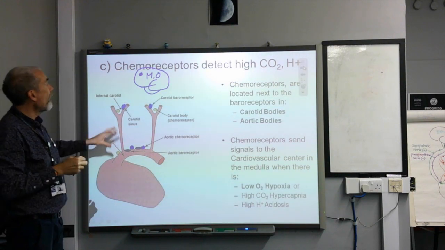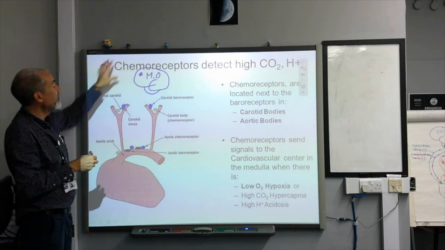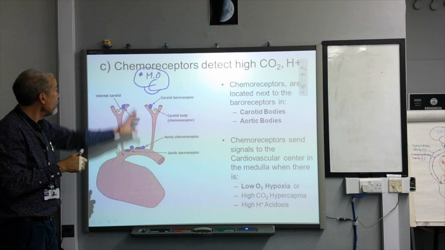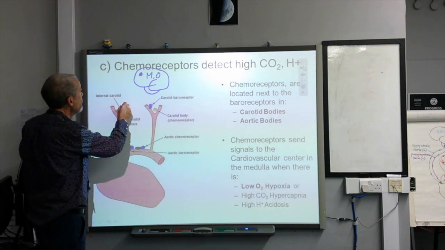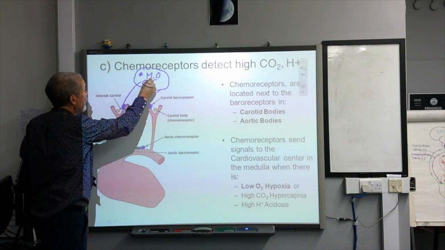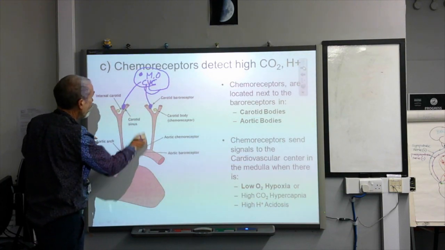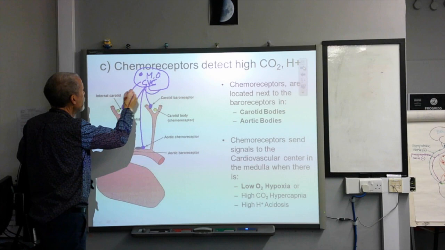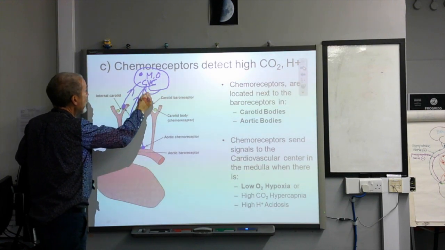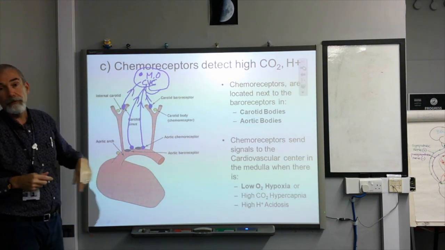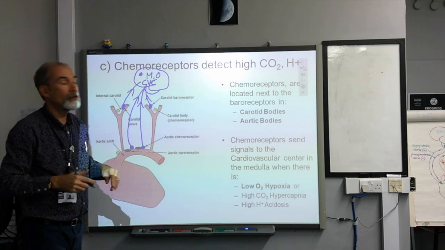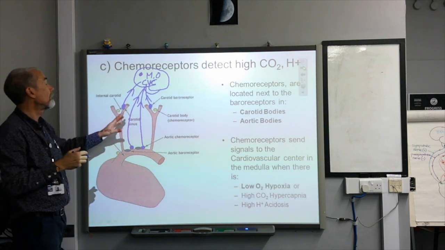So this is where we have our detectors, our sensors, sending information to the cardiovascular centre, the medulla oblongata, in your brain. So these are all sending information this way constantly about the levels of dissolved carbon dioxide in the blood, carbonic acid.